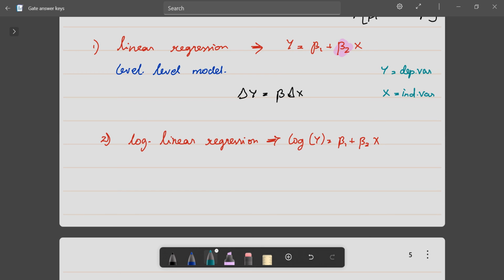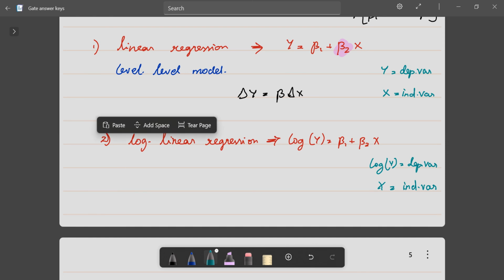Here log of y is the dependent variable and x is the independent variable. As you can see, the dependent variable is in the logarithmic form, so it is called log linear regression, because the independent variable x is in the linear level form.